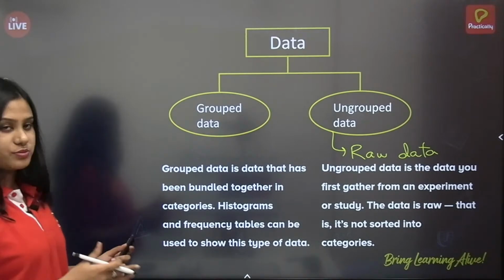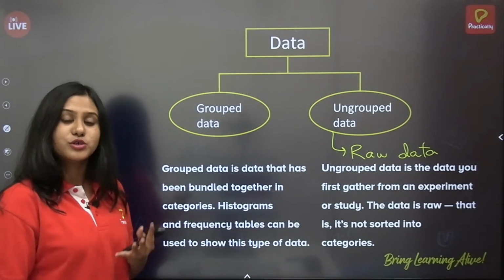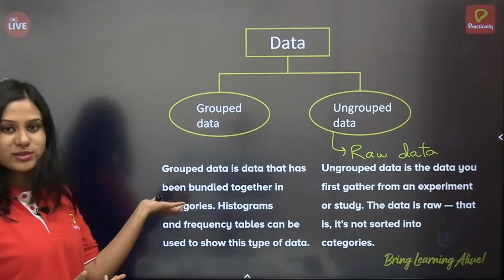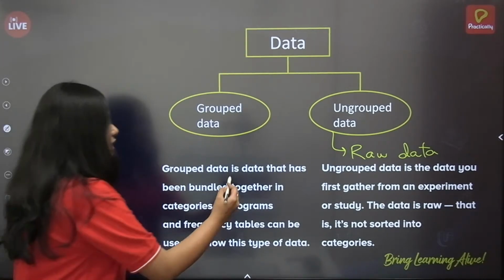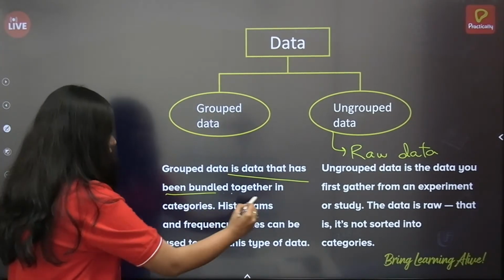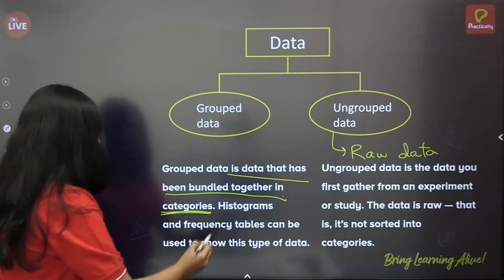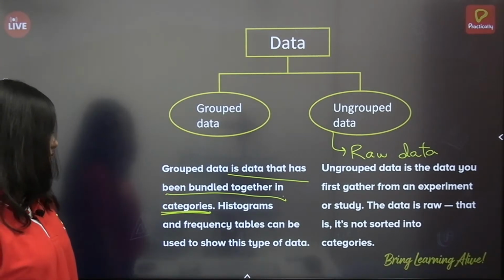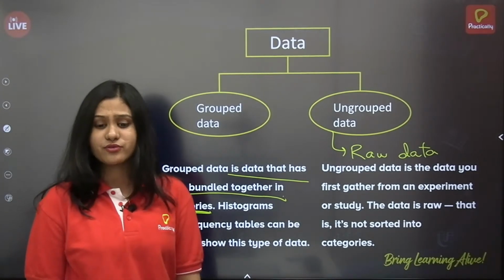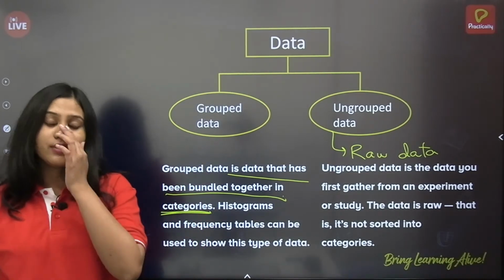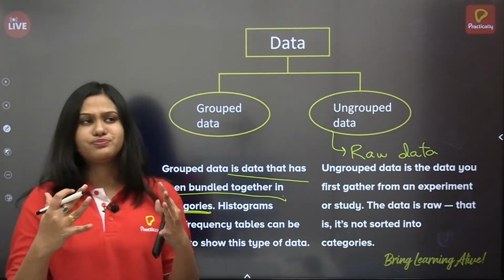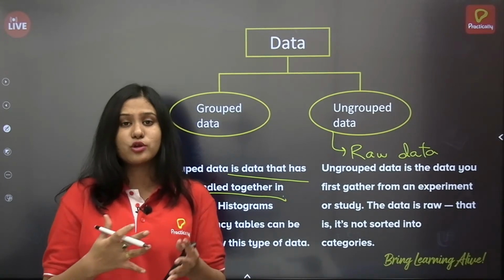Next is grouped data. Now you know what is ungrouped, you can easily know what is grouped data, correct? Grouped data is the data that has been bundled together in categories. Histograms and frequency tables can be used to show this type of data, correct? When we group the data, let us take the same example of heights, correct?